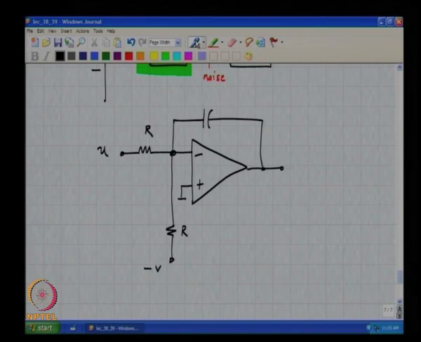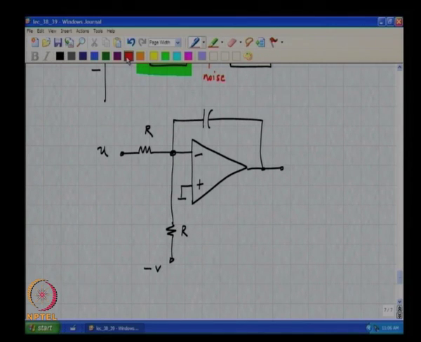You can't say 2kTR either, because without this it was 4kTR, and you have added one more resistor which produces more noise, correct. So, the input referred noise cannot be smaller than 4kTR, you understand. If at all, it can only be equal to or larger. Okay. So, let us see what it is.